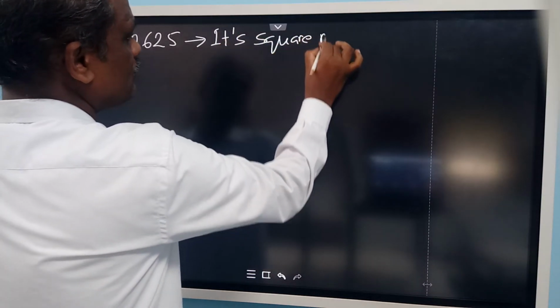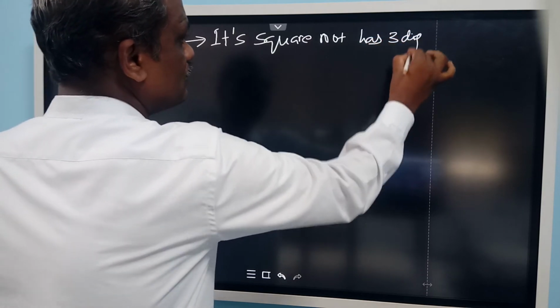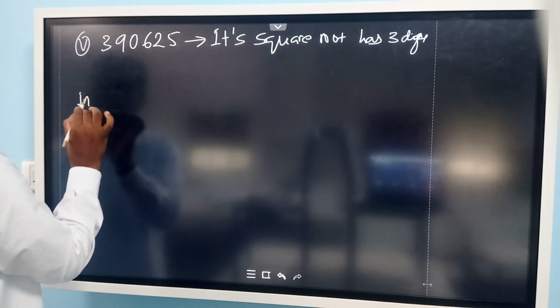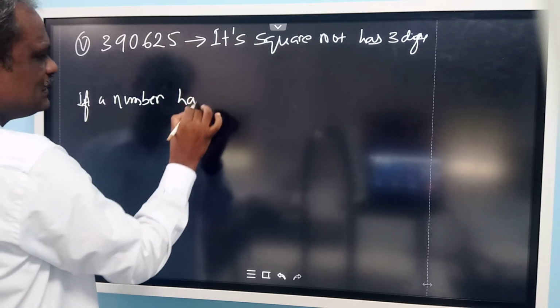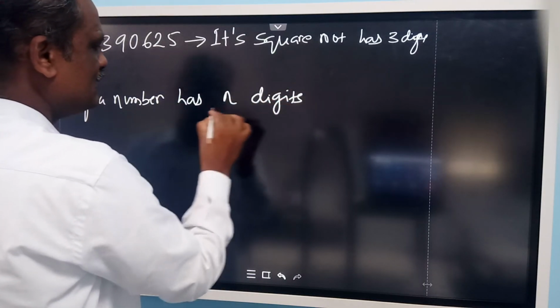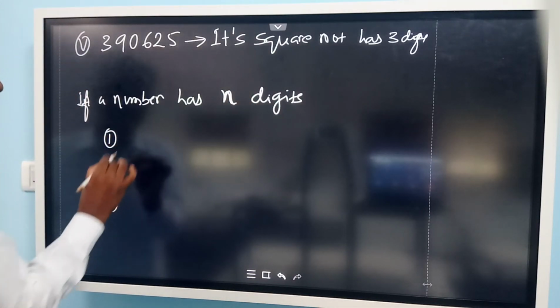Its square root has 3 digits. Let us recall, if a number has n digits, there are 2 cases.